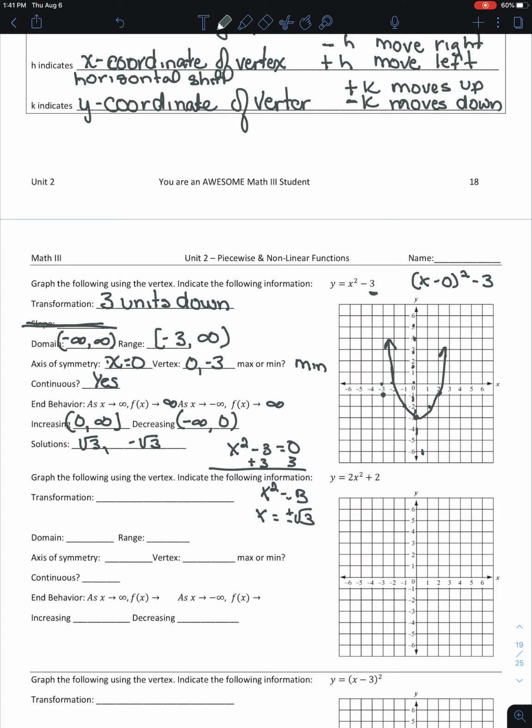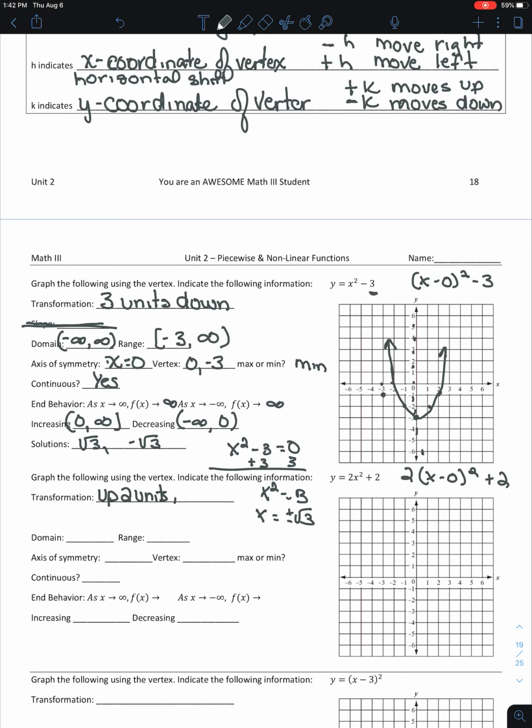Okay, if we look at the second one, y equals 2x squared plus 2, we can write this as 2 times x minus 0 squared plus 2. So I am moving this up 2 units.